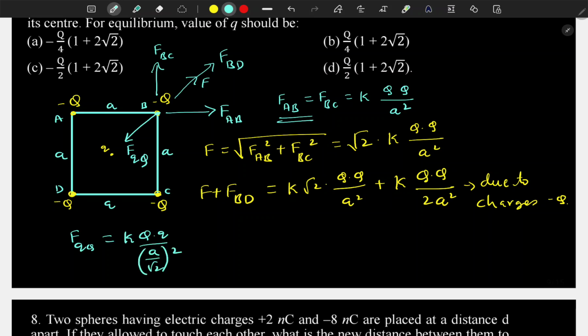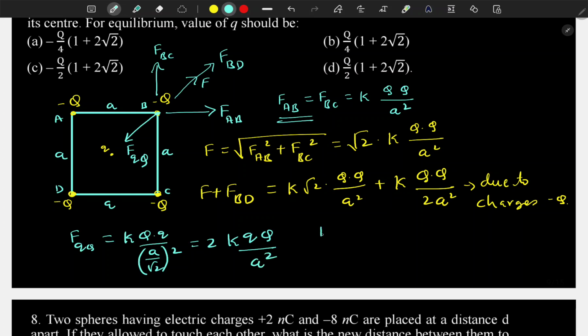That is the half of the diagonal. Complete diagonal is root 2 into a, divided by 2 will give you a by root 2. Root 2 square is 2. That is 2k small q capital Q divided by a square.